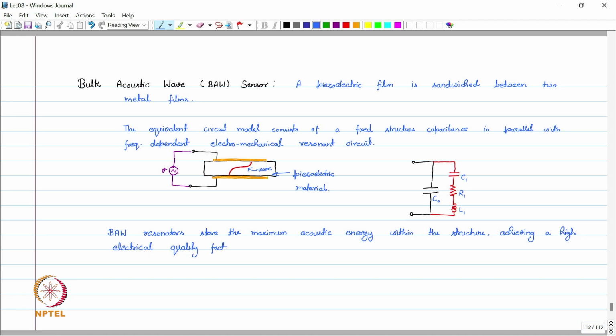We represent it with Q. So this is going to store some energy, and the material chosen for these BAW sensors must optimize both electrical and mechanical properties.